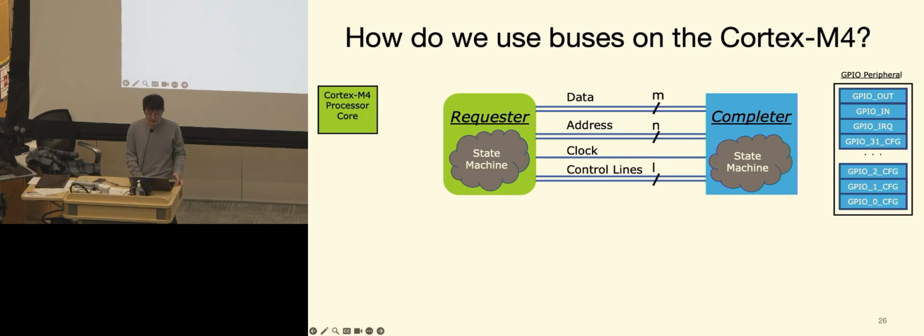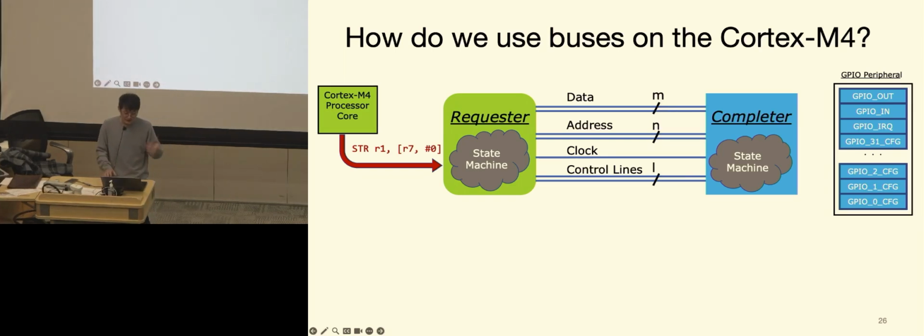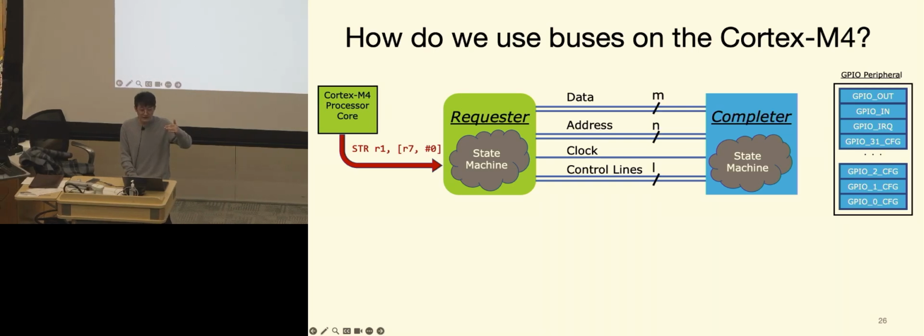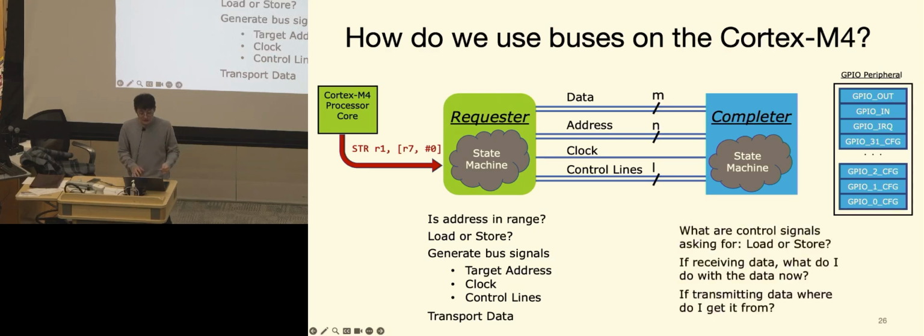So how do we use buses? Basically, on the core, it sends out a command, either store or load, in this case store. Then the requester sometimes goes through a state machine and decides what to put on these buses: it checks if the address is in range, which type of command it is, load or store in this case, and what the other control bus signals are, like the target address and other control lines, and of course the actual data itself.